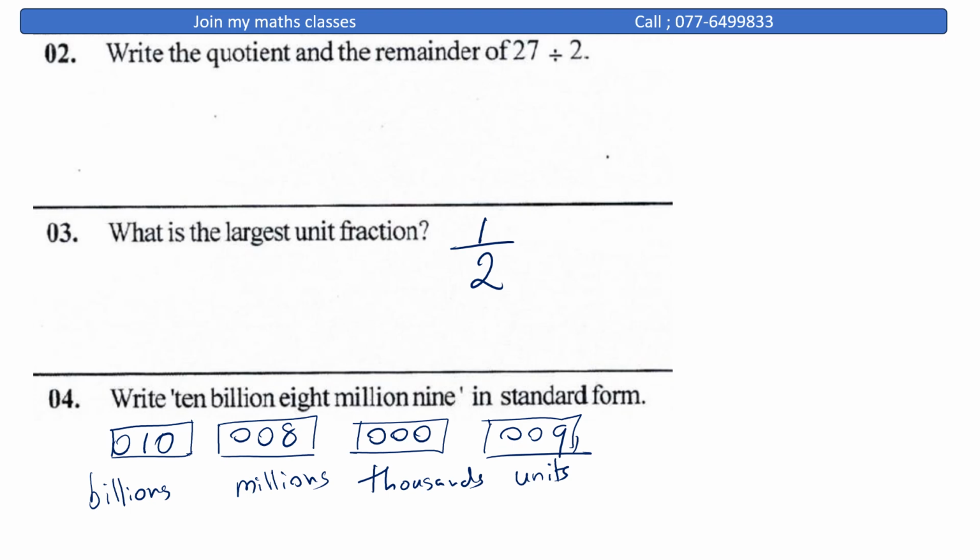You can just write the answer like this: 10 008 000 009. And while you write in the standard form, you have to leave a space between these periods, or you can write a comma between these periods. In that way you can make it in the standard form.